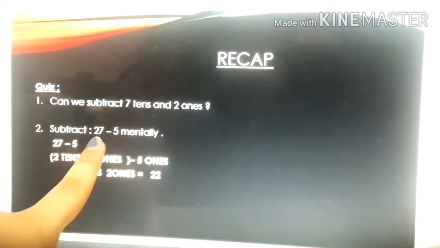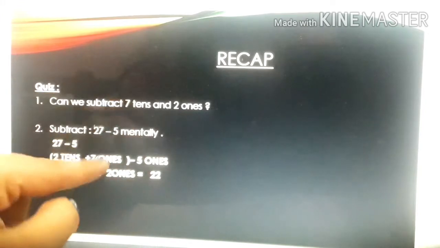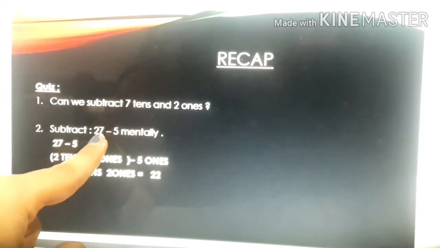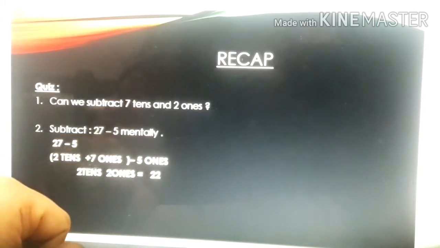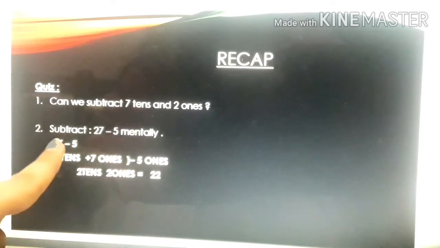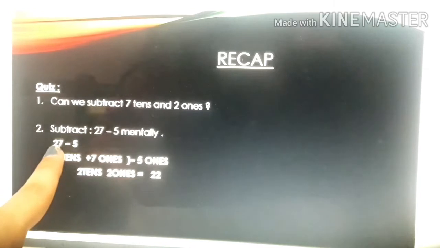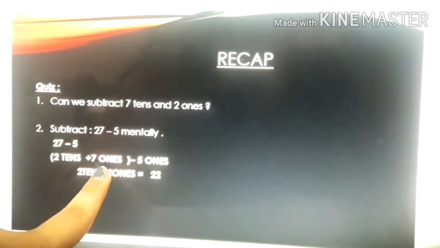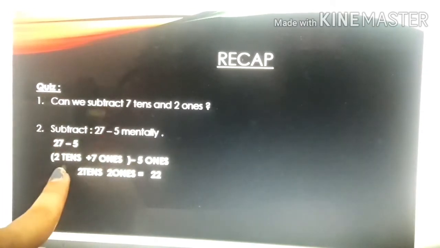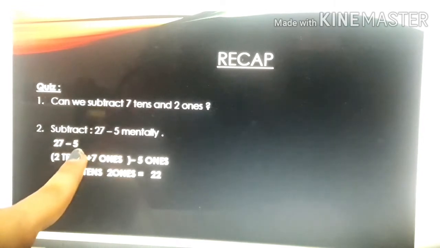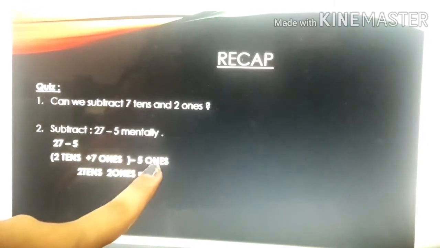Second, subtract 27 minus 5 mentally. So can we subtract this two-digit number mentally, children? Yes. If you expand this, children, 27, 7 comes in ones place, 2 comes in tens place. So 5 is one digit number, so it is 5 ones.